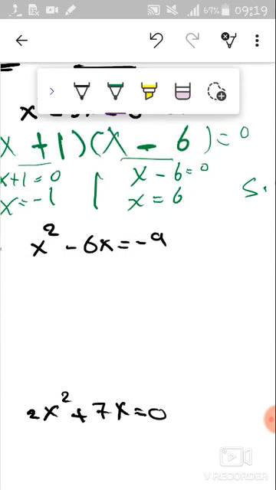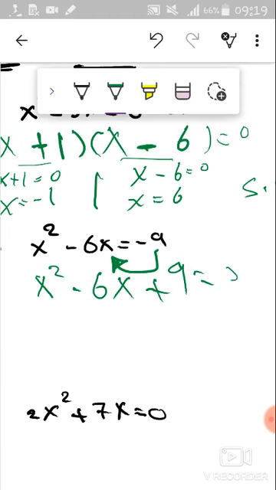Next, here we have x squared minus 6x equals negative 9. First of all, I will move this negative 9 to the other side with positive. So the equation will be x squared minus 6x plus 9 equals 0. I will factorize. This form is a perfect square, right? Because the first and the third have a square root, also they are positive, so it's perfect as we studied before.